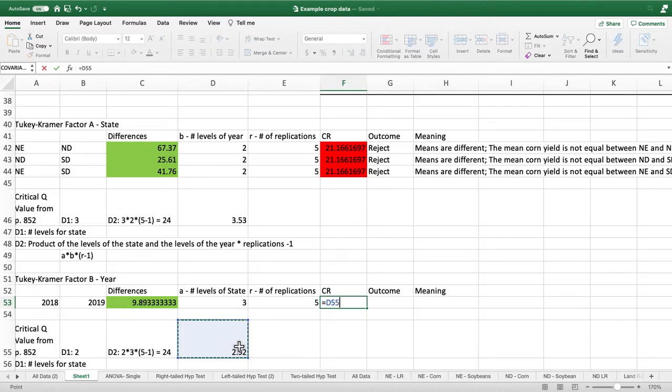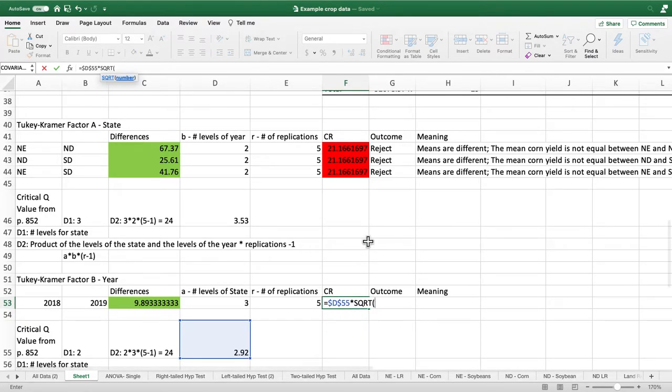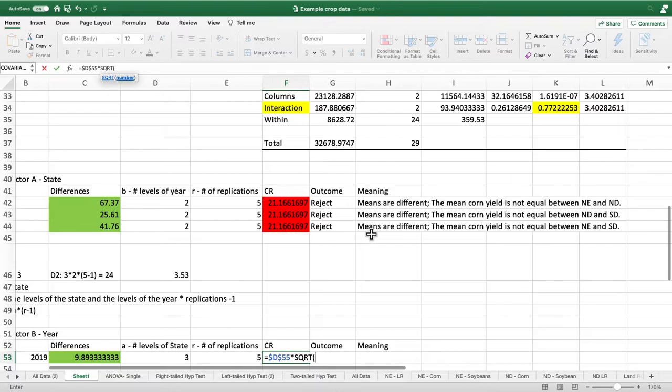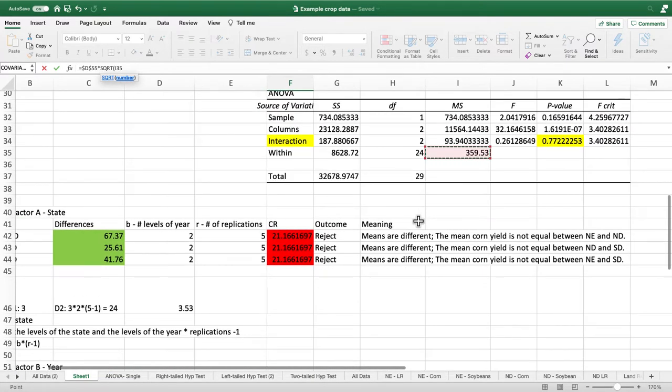Equals our Q, absolute referenced, times the square root of our mean within, still that I-35, our mean square, excuse me, we're still getting that mean square error, so the MS between there, so the within.